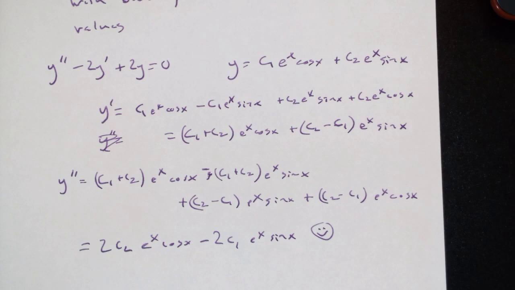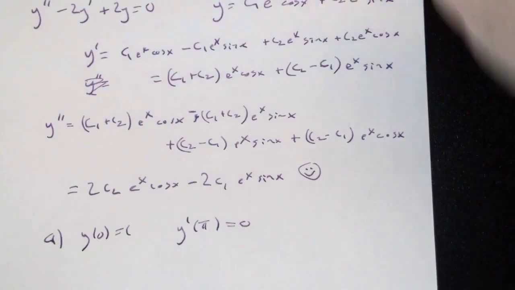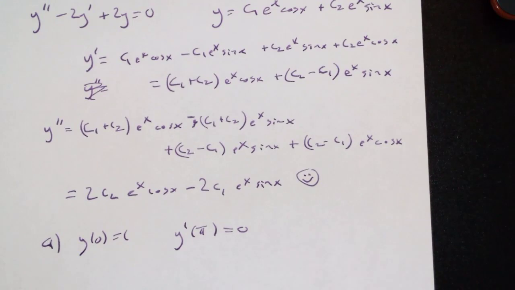Here's a boundary condition, or an initial value. Let's do this. If I tell you y of 0 is equal to 1 and y prime of pi is equal to 0, you should be able to solve for C1 and C2. Please do that.